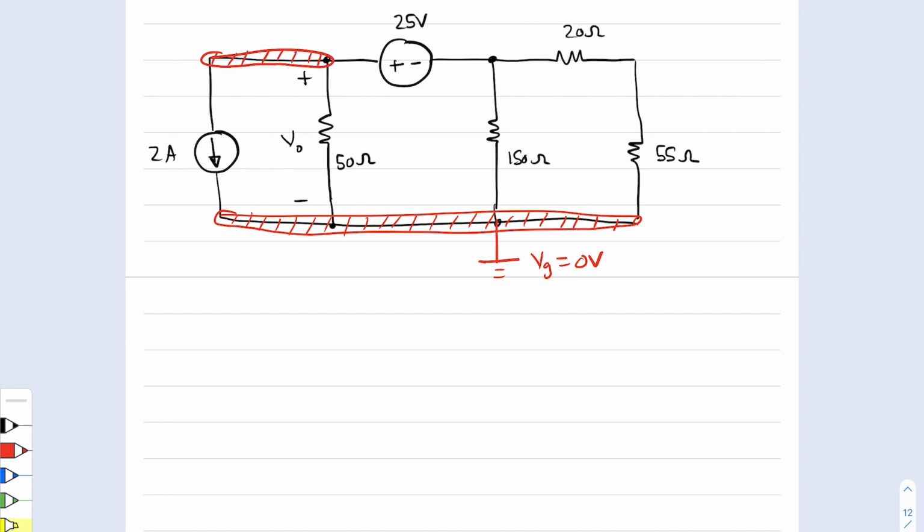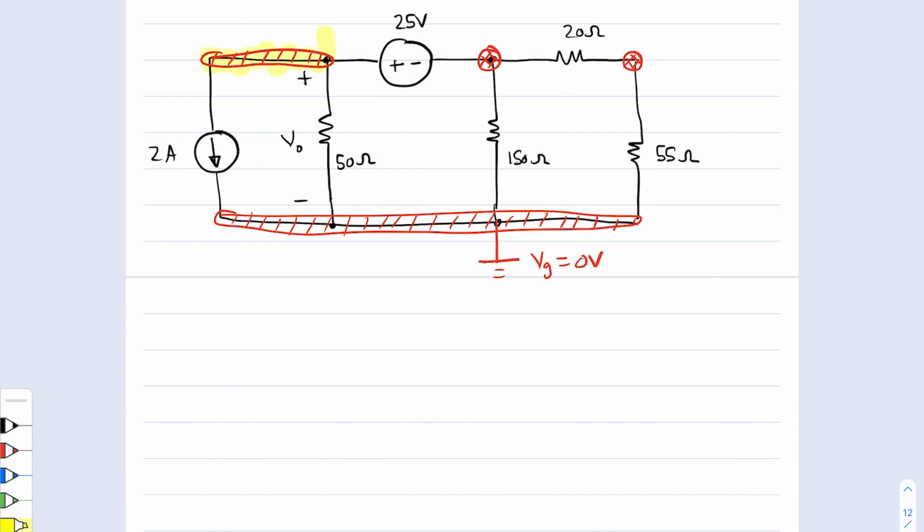There's another node there, another node here, and then there's one last node there. Now that we've identified our nodes, we need to take a look at the voltage sources in order to start our labeling of our independent nodes.